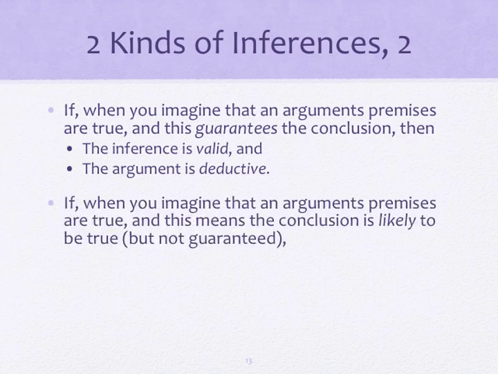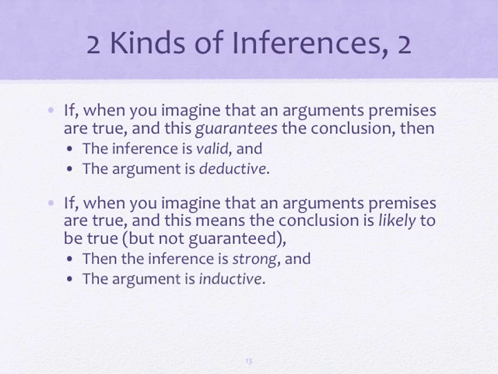But in the Jane argument, we're imagining that the premises are true. We're imagining Jane in Florida. It doesn't guarantee the conclusion, but it makes it likely. Likely but not guaranteed. In that case, the inference is strong, not valid, but strong, and the argument is inductive.